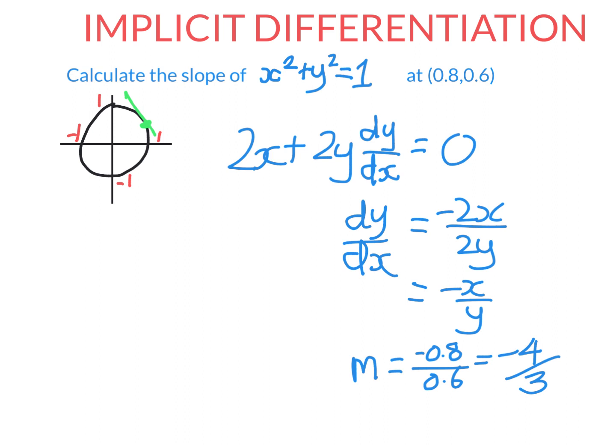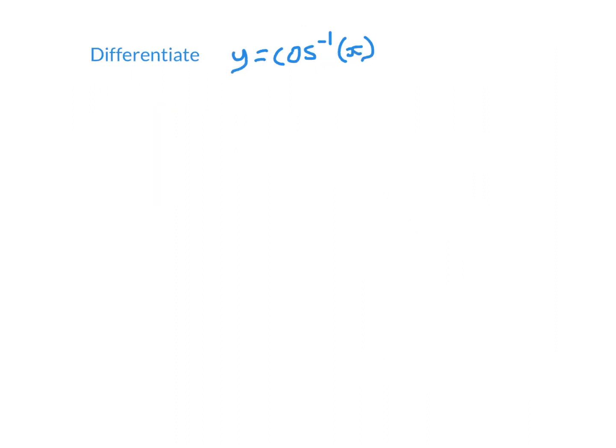All right, let's now look at a harder example. So let's use implicit differentiation to differentiate y equals cos inverse of x. This one's tricky. It's not even a function. So what we can do is take the cos of both sides. If we do that, we get cos y equals x because cos and cos inverse undo each other. So let's implicitly differentiate this.